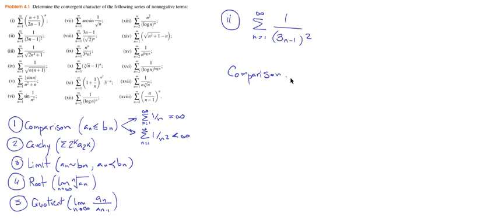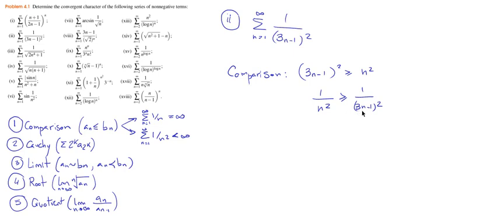As comparison, we have that (3n minus 1) squared is greater than or equal to n squared, right? So if we take reciprocals, we have 1 over n squared is greater than or equal to 1 over (3n minus 1) squared, and this is valid for all natural numbers.